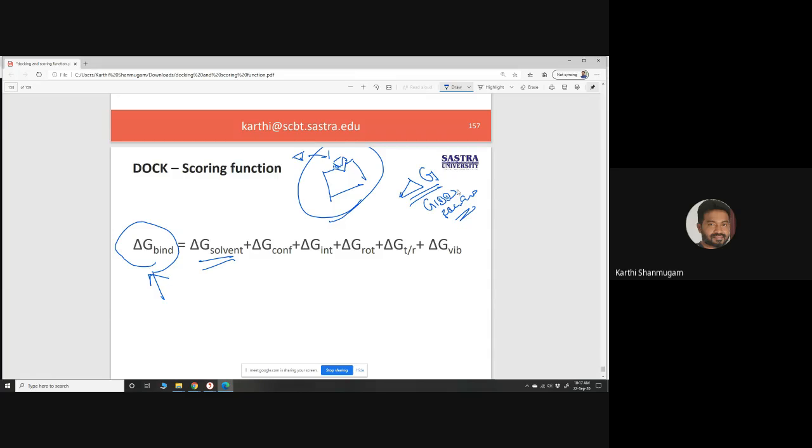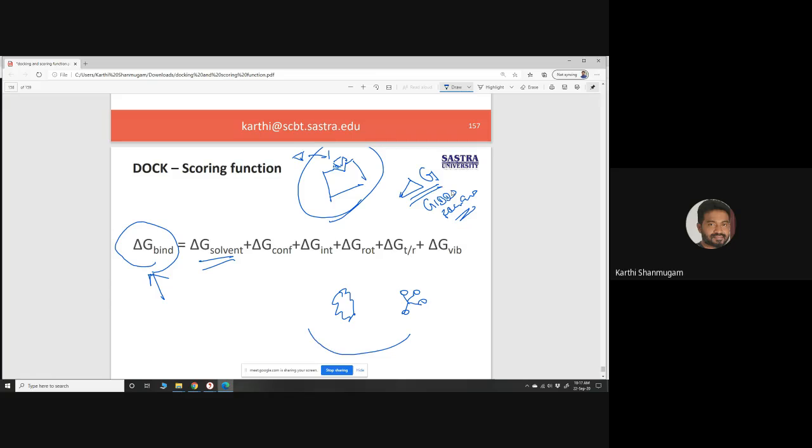Again, what I showed here is a very simple form of the scoring function. It's not a complex one. So what is the delta G solvent? Say for example, you have a protein molecule, and you have a ligand molecule, and your intention is to dock this ligand molecule inside the binding site of the protein.